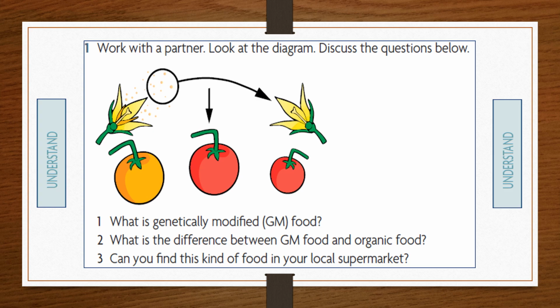For example, from the advantages, using genetically modified techniques in growing crops improves the production. It gives you a very large amount of crops in a short time, and thus it raises the farmer's income.